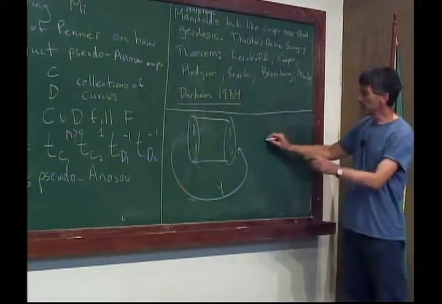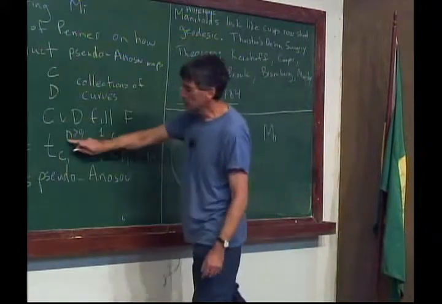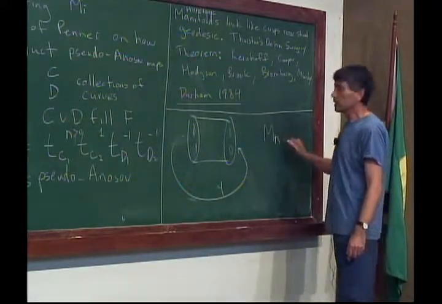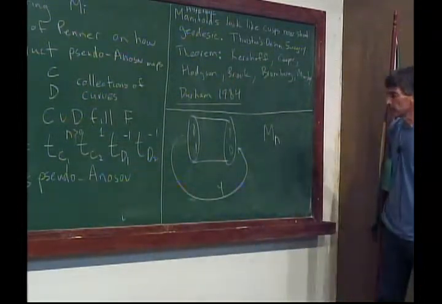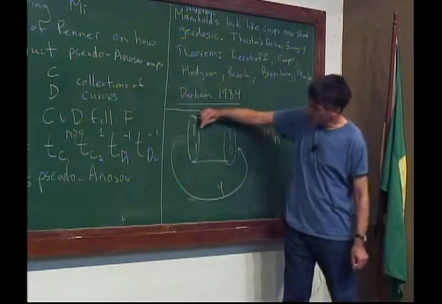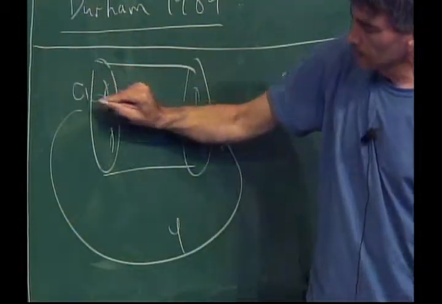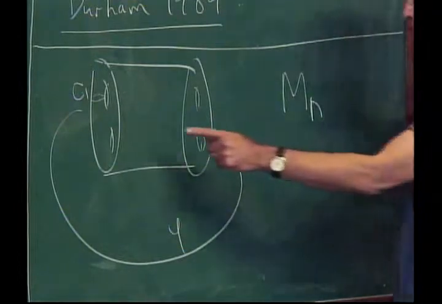We'll call the manifold that you get out of this M sub n, where n is the number of twists that you use along the first curve. C1 might be this curve over here. Doing a single twist along C1 will already give you a hyperbolic manifold, and so will doing n twists.